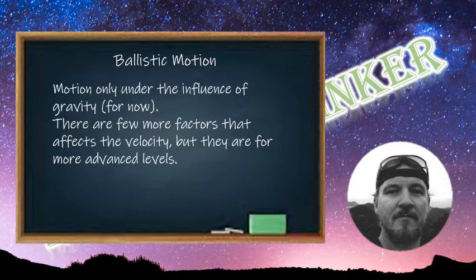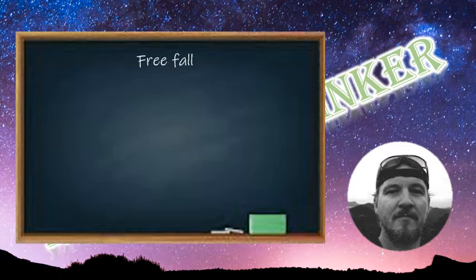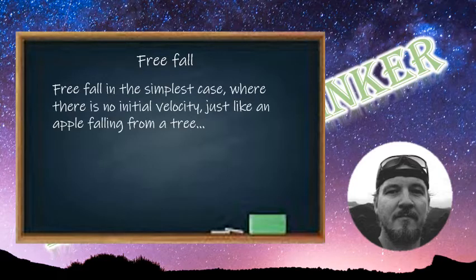The acceleration of gravity was first measured by Galileo in a series of groundbreaking experiments and is nearly 10 meters per second squared towards the ground. Before we move to the more complex cases, I want to talk about the simple case where the initial velocity vector v0 has no magnitude, that is, 0 in all axes.